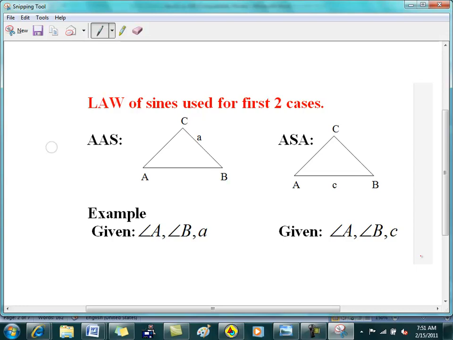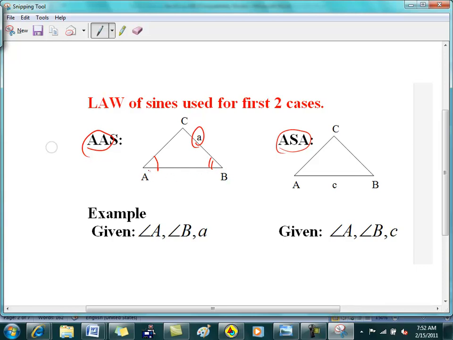Okay, so the law of sines is for the first 2 cases. What does AAS mean? Notice that A stands for angle. So there are 2 angles and a side. Well, this one also has 2 angles and a side, but the way it's arranged is different. Okay? So in this example, you're given angle A, you're given angle B, and you're given this side A. And the reason why it's called AAS is because the side is not between the two angles.